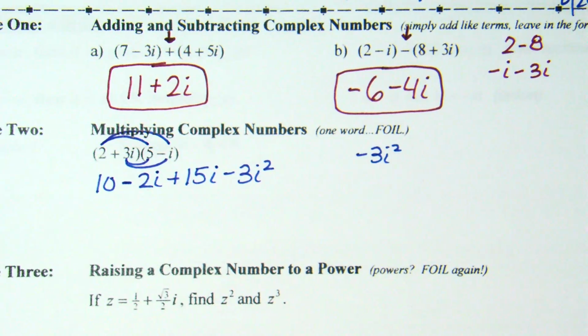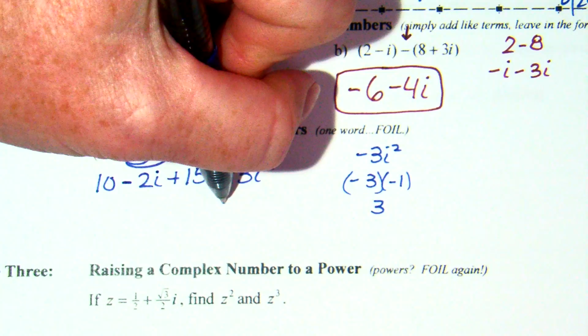We still have a 10 out front. We'll talk about those then in the next step. What can I do there in the middle? Can we go ahead and put those like terms together there? Or you can wait till next step, I guess, if you prefer. But what is negative 2i plus 15i? That's a positive 13i.